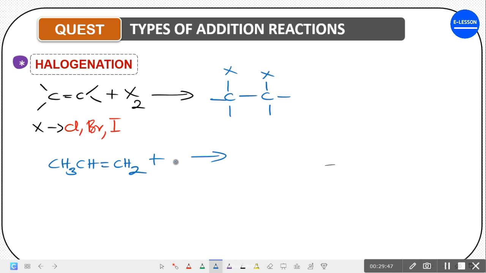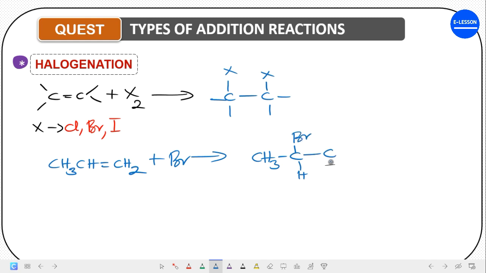We attack this, and then it's going to form CH3, then you form C, H, and then you have Br, C, H, CH, and then you have Br, and this is the product of the reaction. Okay, this is the product of the reaction. So that is for halogenation.